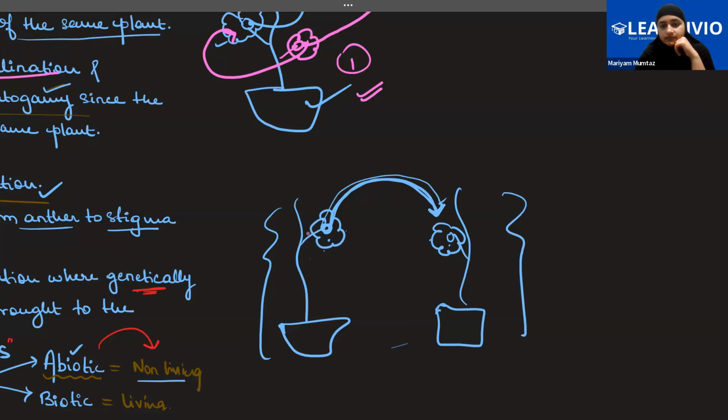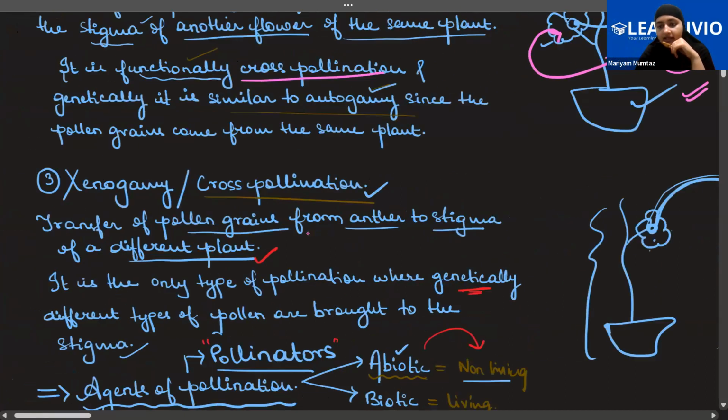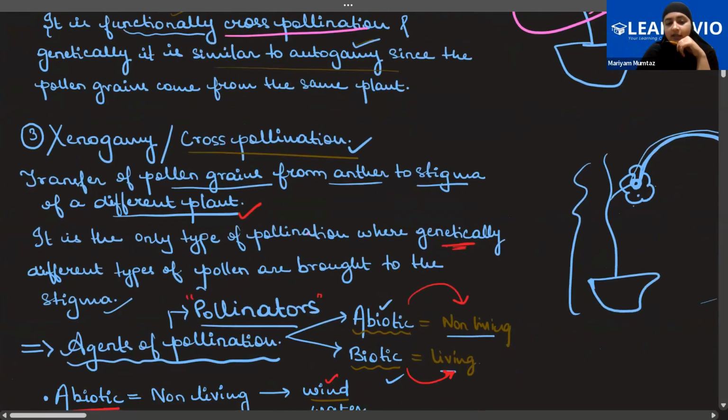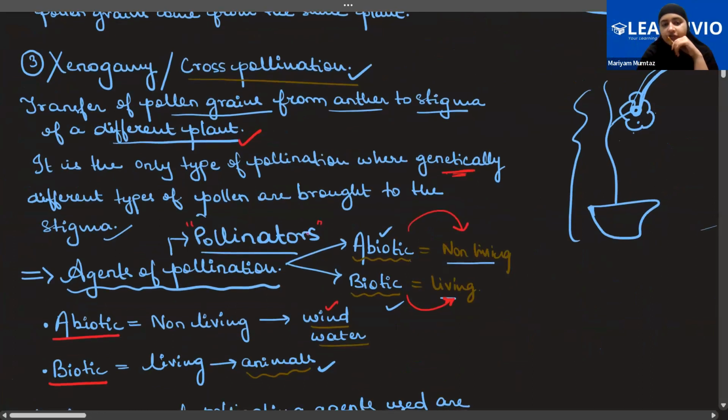Third one, ma'am. Name? Xenogamy. Okay, very good, correct. It will bring more unique characters. The first two, since they are autogamy only, will develop just the way they are. But in this case, new characters may be introduced.